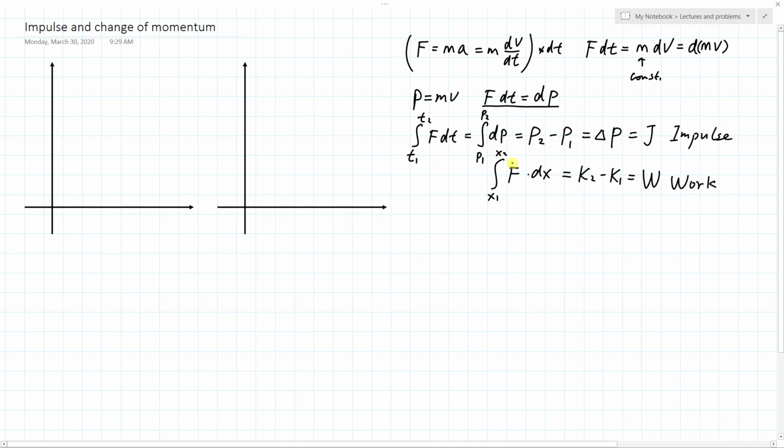I ignored the fact that these can both be vectors, but even without vector nature, for one-dimensional motion with a force pointing along that direction, you'll still have a valid expression.